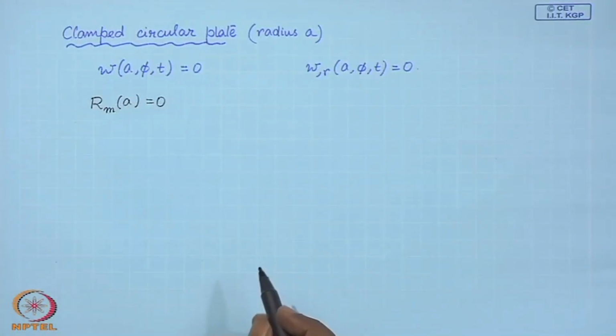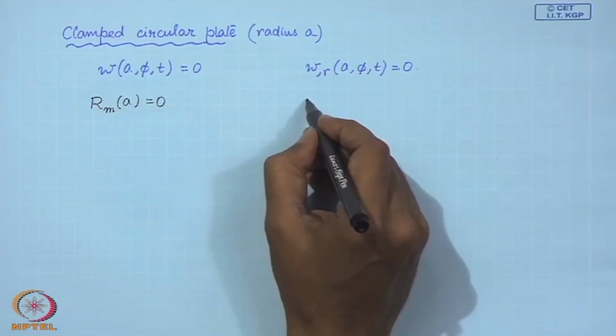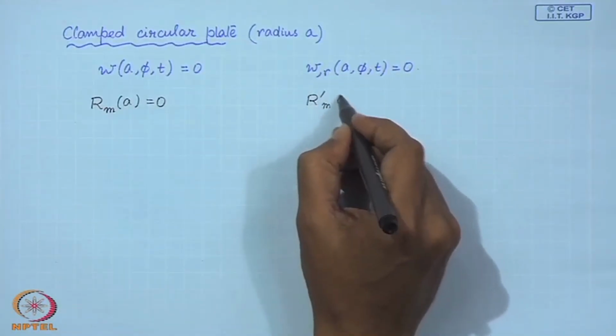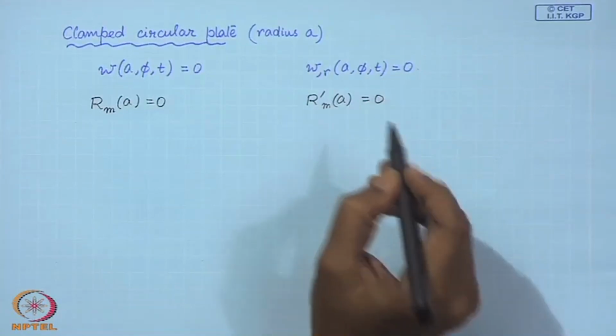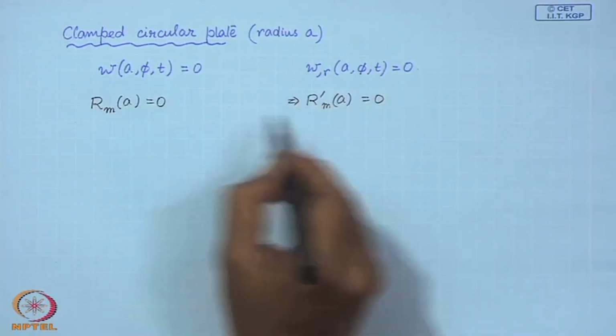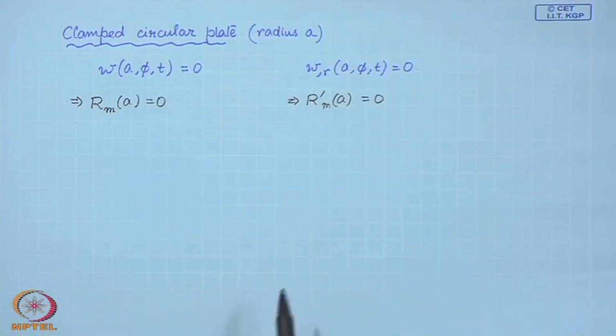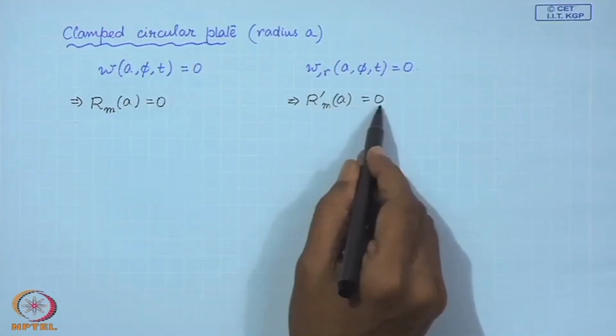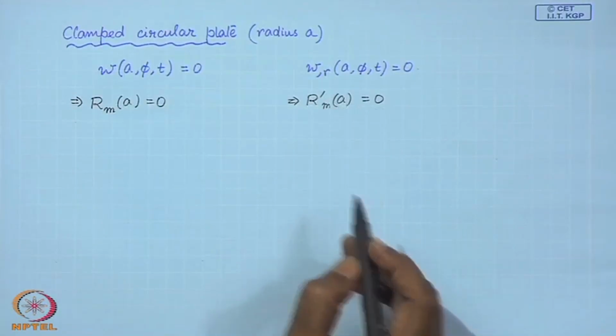So, R m at a must be 0, and the derivative with respect to r at r equal to a must also vanish.